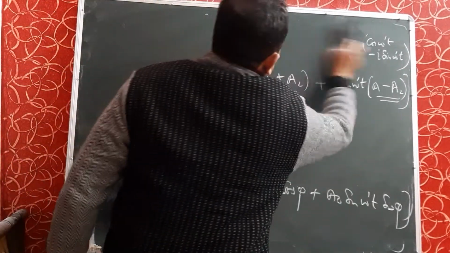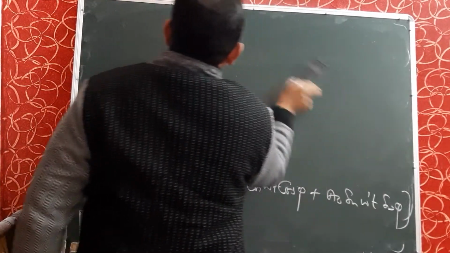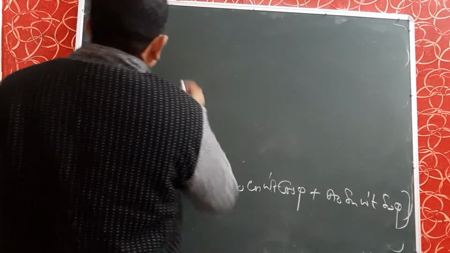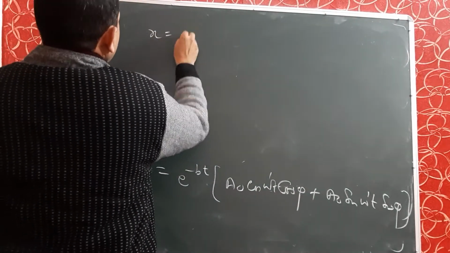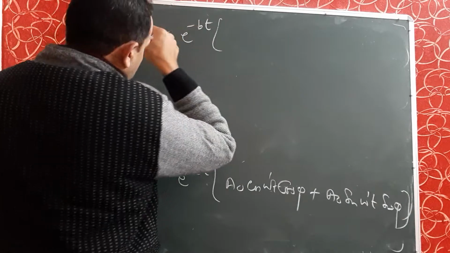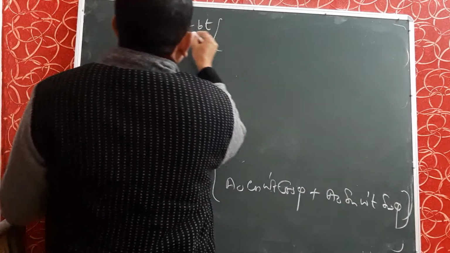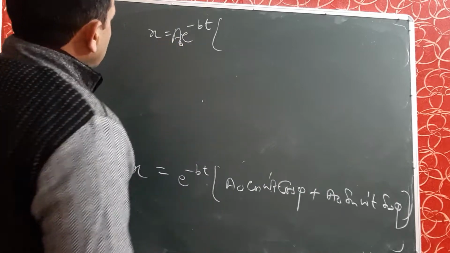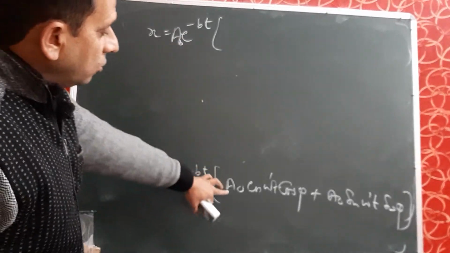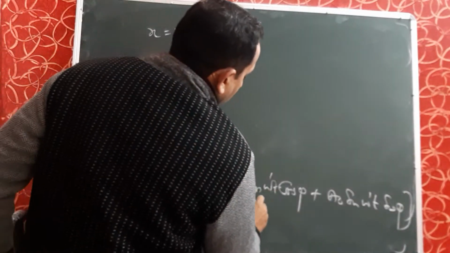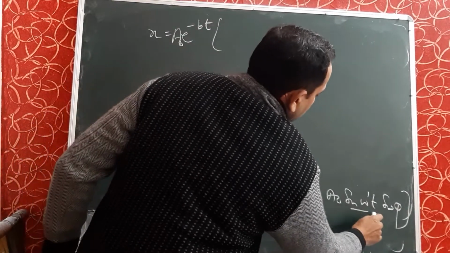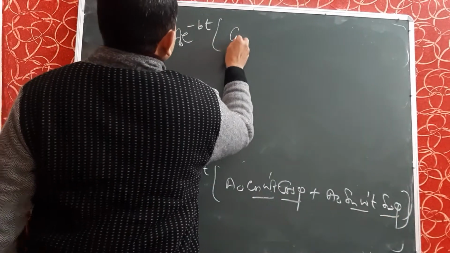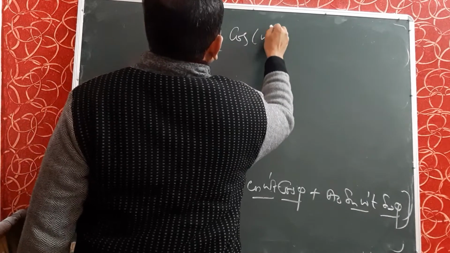Now, this equation will reduce to a simple equation, that is x is equal to e power minus bt into a naught, which is common. I have written a naught common on this side. It will become cos a cos b plus sin a sin b. So, it is cos(a minus b).